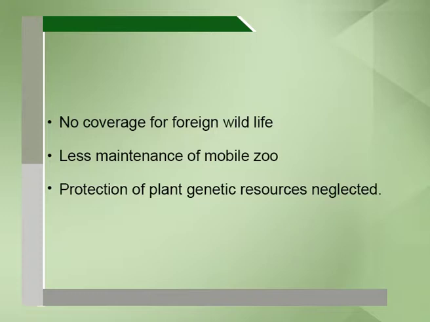There is a pathetic situation for the endangered animals existing in the mobile zoo; there is no maintenance at all. And the protection of plant genetic resources is neglected. That means only limited emphasis has been given to protecting plant genetic resources in this act.